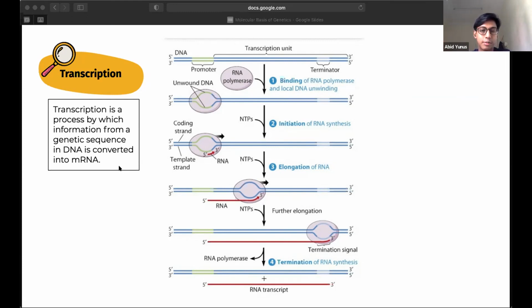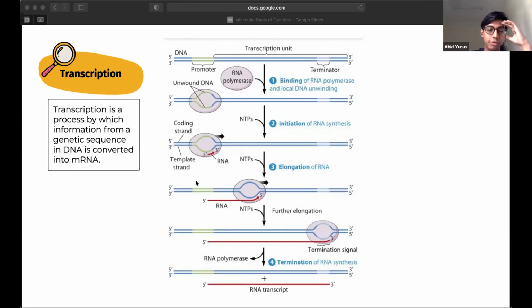The first step in transcription is RNA polymerase, the purple thing here. It will bind to the promoter region with the help of transcription factors. When it binds to the promoter region, it will unwind the DNA. After the DNA has been unwound, it will produce two separate strands: one is the coding strand and one is the template strand.